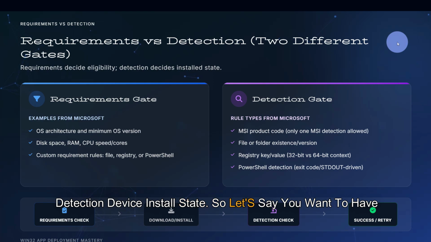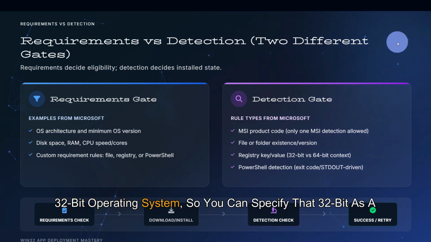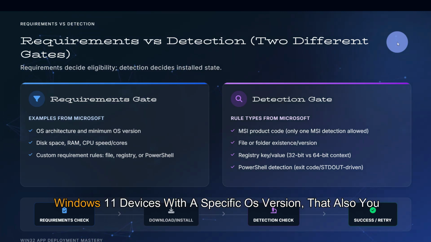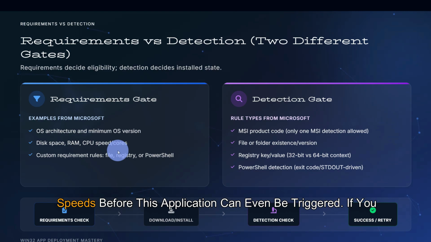So let's say you want to install this application on a 32-bit operating system, you can specify that 32-bit as a requirement. Or if you want to install this application only on Windows 11 devices with a specific OS version, that also you can specify. You can also check disk space, RAM, or CPU speeds before this application can even be triggered.